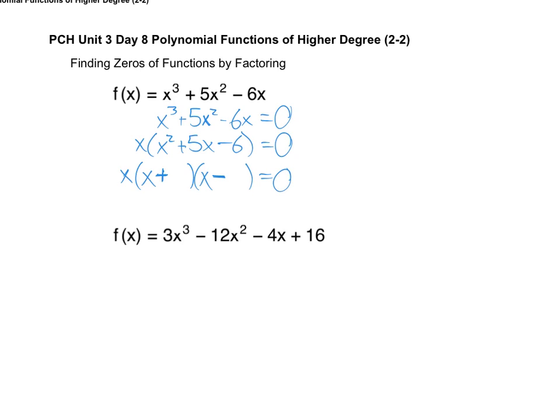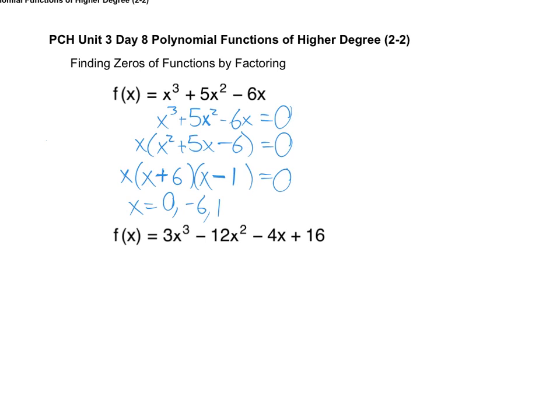So I've got to do a plus 6 and a minus 1. Plus 6 minus 1 will give me my plus 5 in the middle. So you are using factors of the negative 6 to get a positive 5 in the middle. All right? So now, what are our zeros? 0, negative 6, and positive 1.